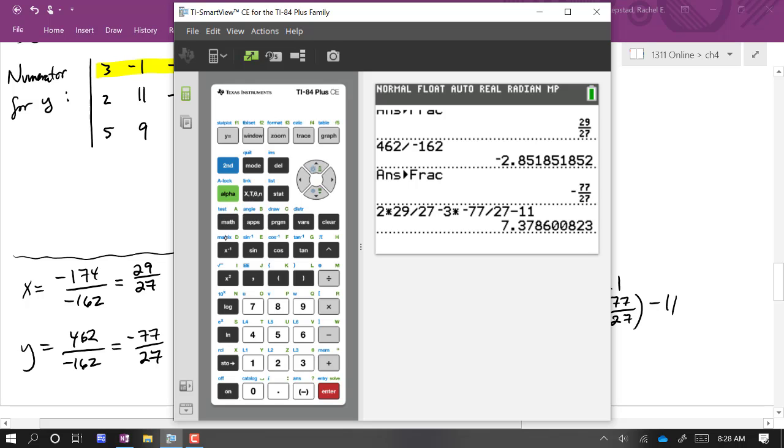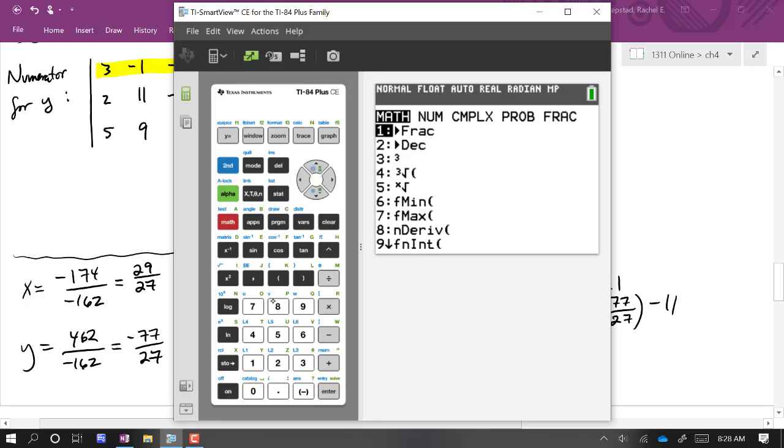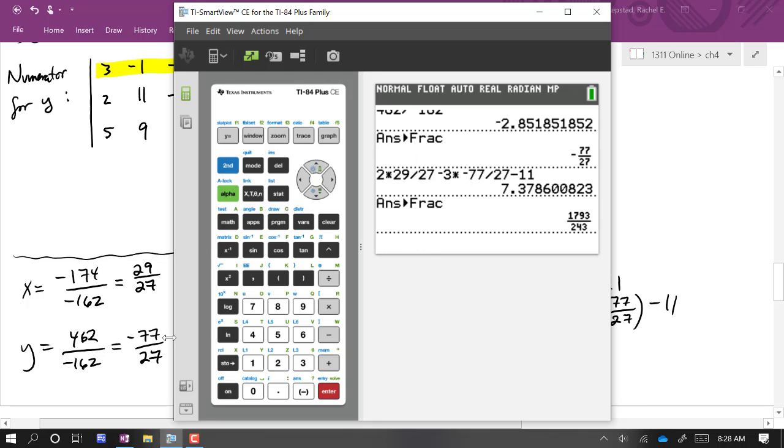So we get that value there. And something seems off.